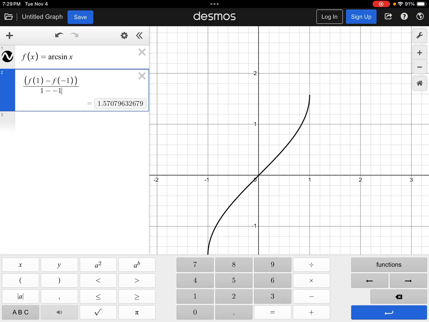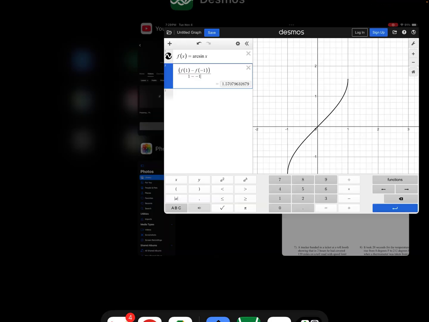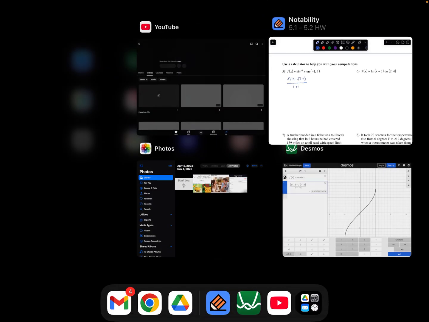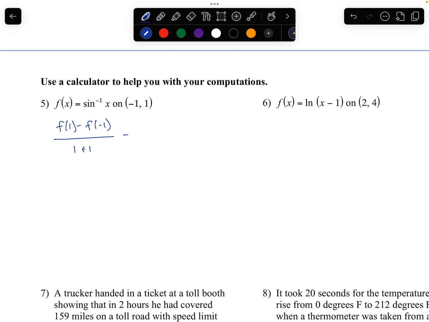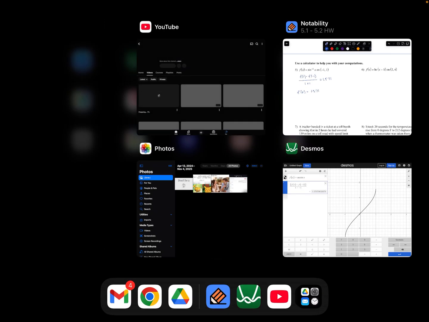So we have our, did I do that right? So our average rate of change is equal to 1.571. And then I want to know when f prime of x will be equal to 1.571. So I'll just go in here.